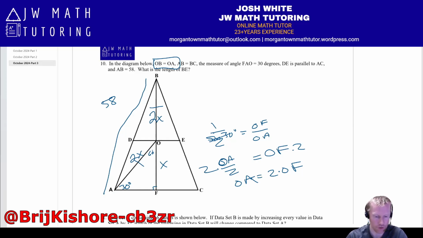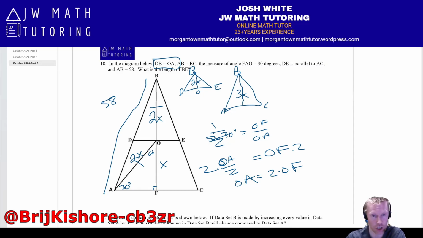Now, here's what you do, and this is the whole key to the whole problem. If you look at BO, if you look at the top triangle, BDE, specifically look at the height here, BO, that is 2X. Then you look at the large overall triangle, BAC, and this whole thing here is 3X.